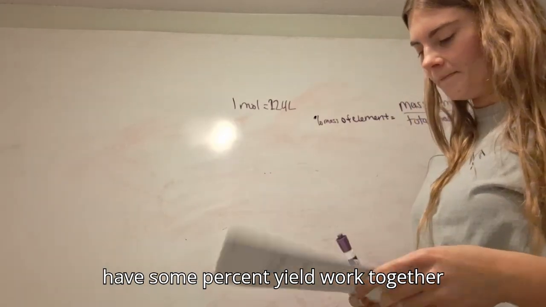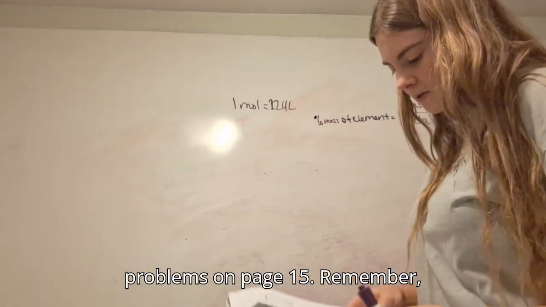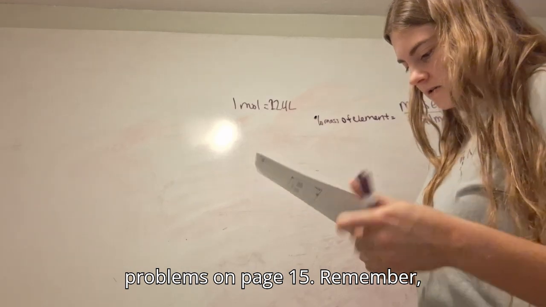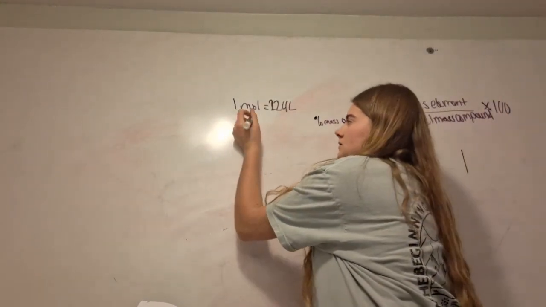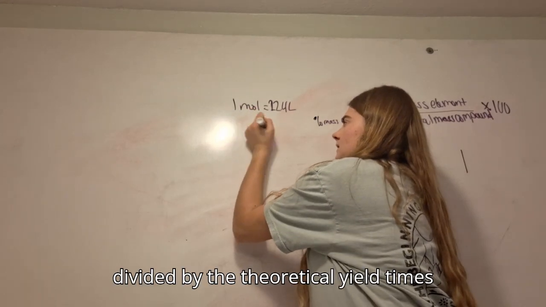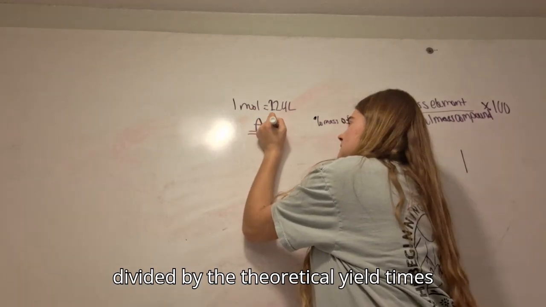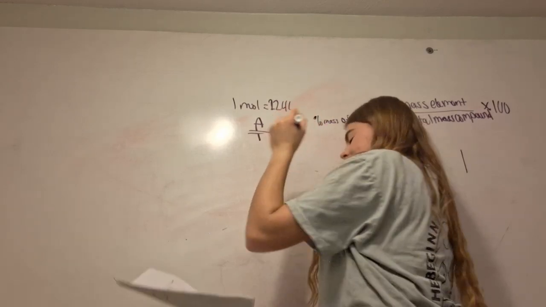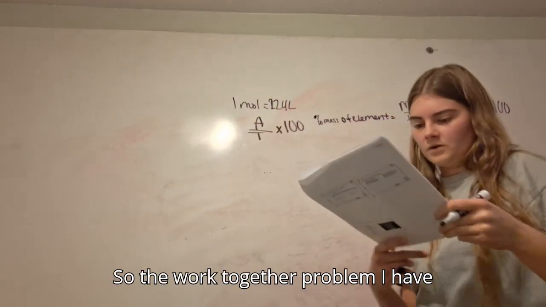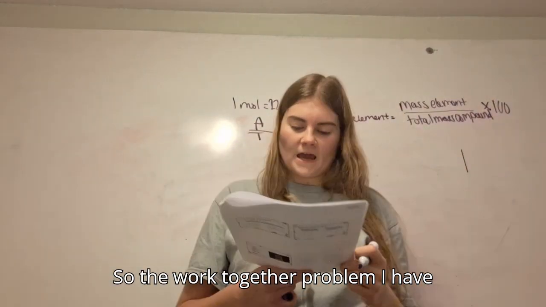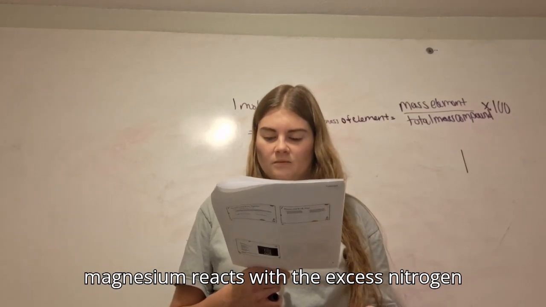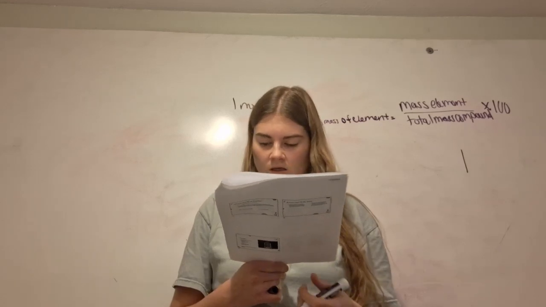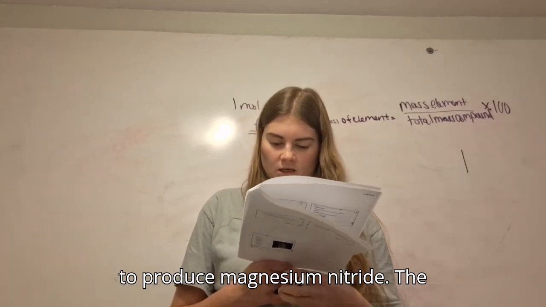So we have some percent yield work together problems on page 15. Remember, the formula is the actual yield divided by the theoretical yield times 100. The work together problem I have is: in a synthesis reaction, 25 grams of magnesium reacts with excess nitrogen to produce magnesium nitride.